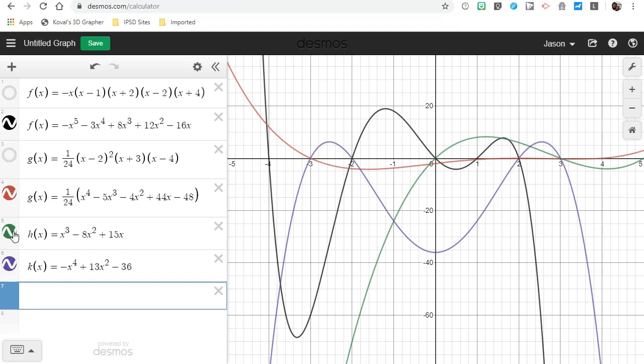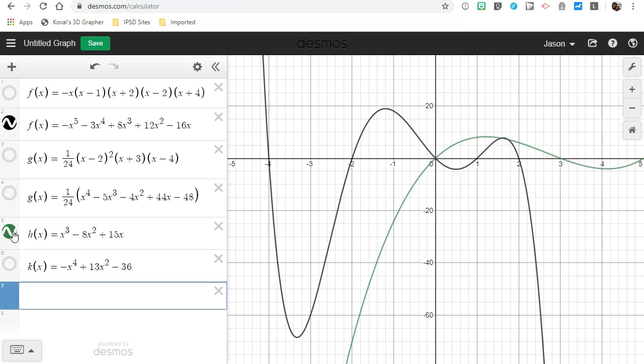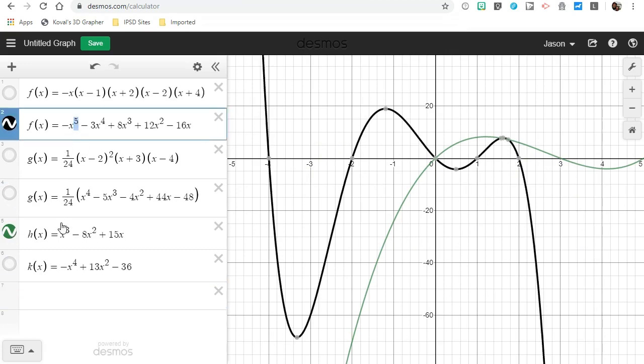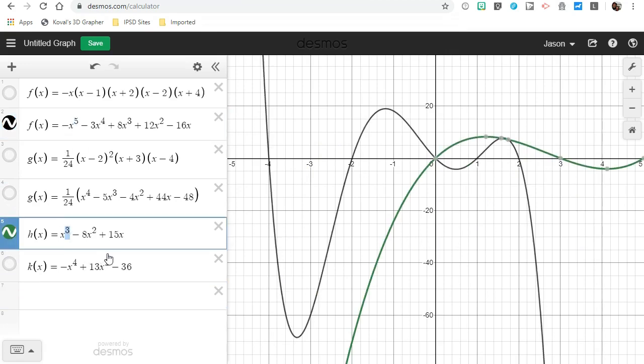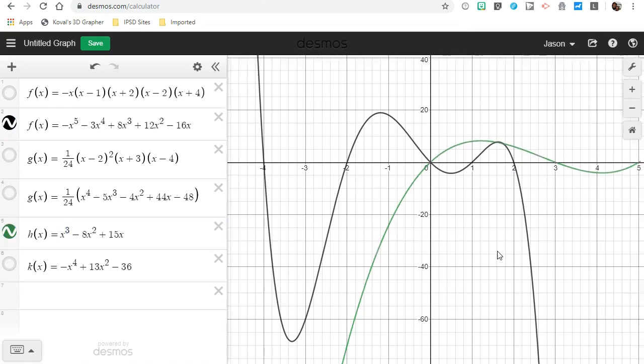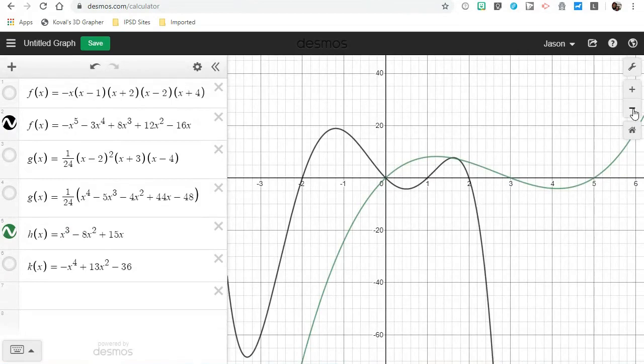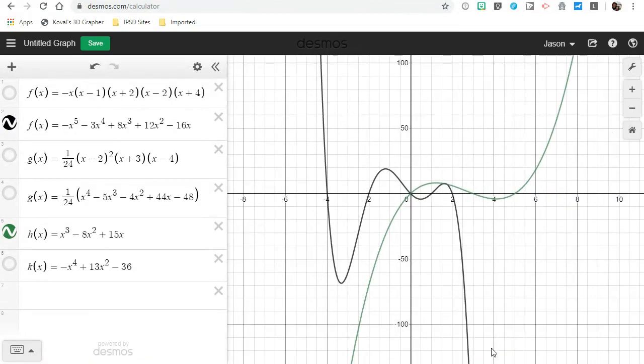So what I notice about the first and the third problem is they had an odd exponent. And notice that with the odd exponent, the direction of the end behavior is opposites.